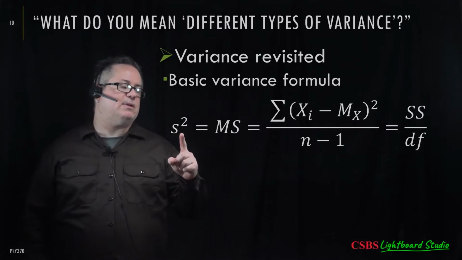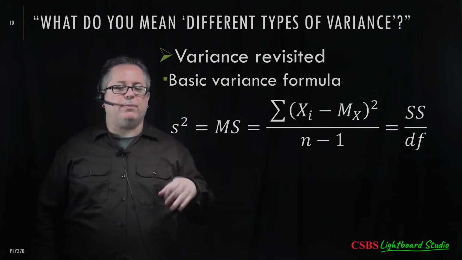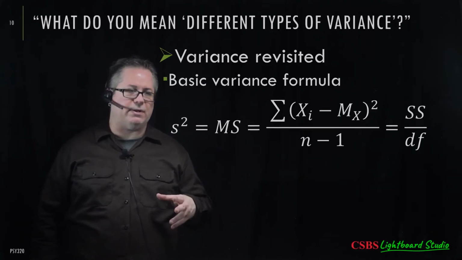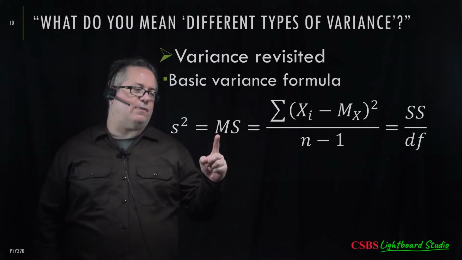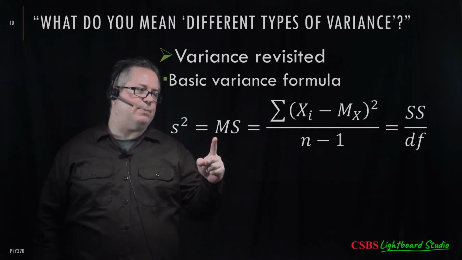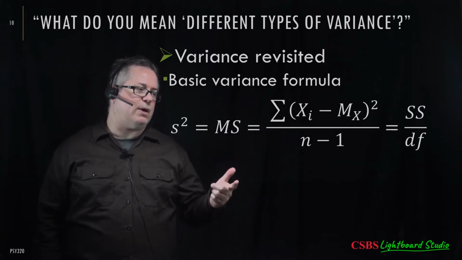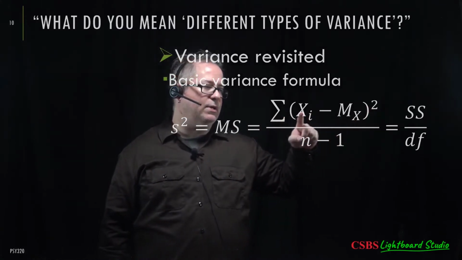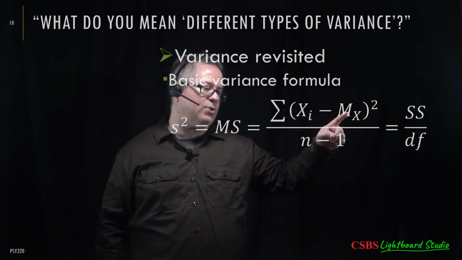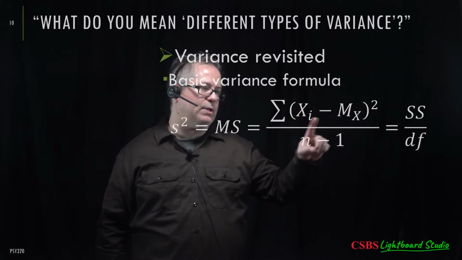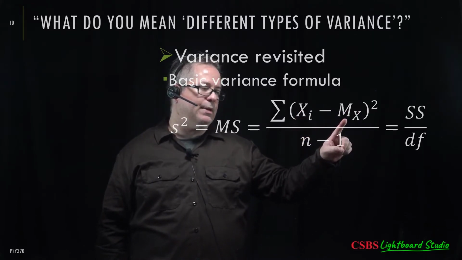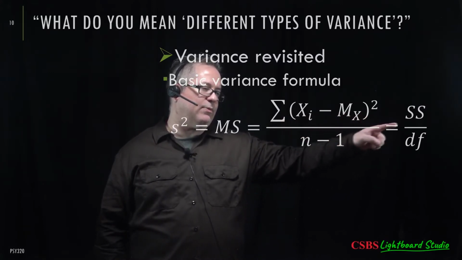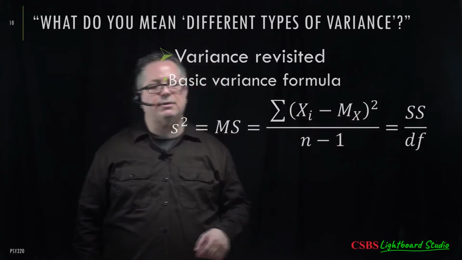So our variance, and I mentioned it briefly before, but I'll mention it here again just because it's going to come up more often in this analysis of variance section, that oftentimes variance is referred to as mean square. And the reason why is up here you have the sum of the squared difference between the mean and each score. So this is a deviation. Each score is deviation from the mean. So this is the sum of squared deviations that we oftentimes refer to as just sum of squares, SS.